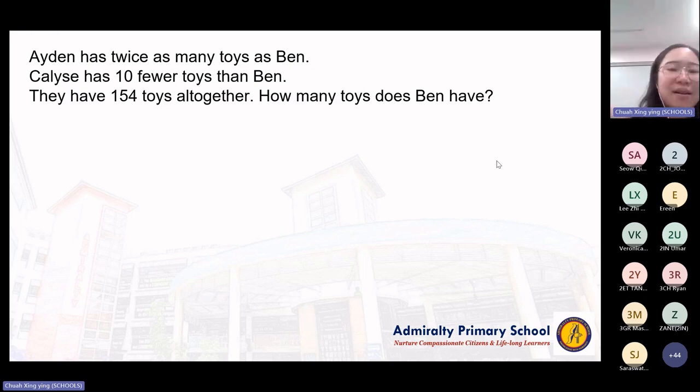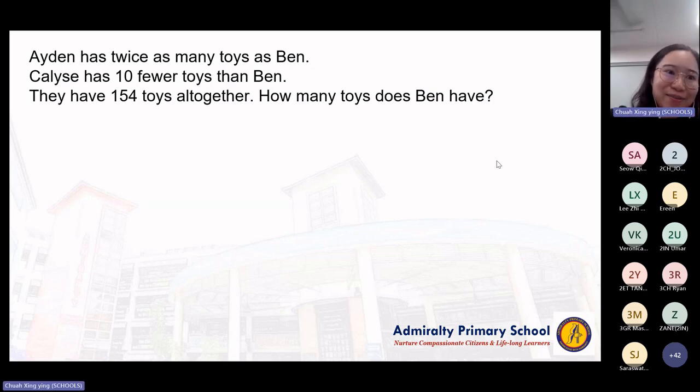In class, what we usually do is walk our children through the thinking process, as Miss Alana mentioned just now in her session. We will be using Polya's 4 steps: to understand, to plan, to solve, and then to check what they have solved.